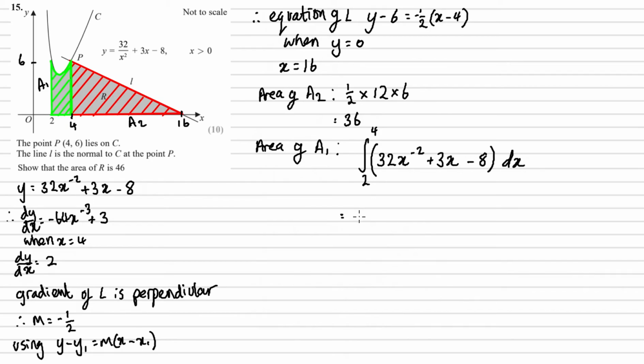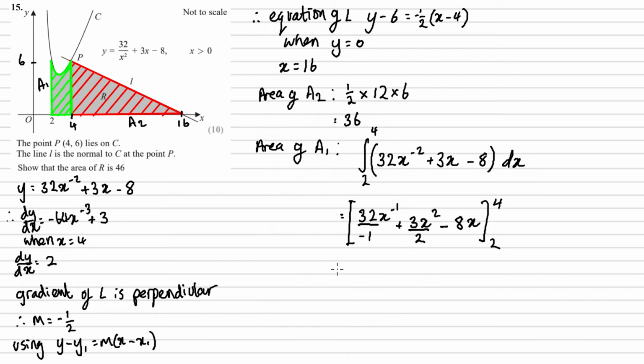So 32x to the power of minus 2, I add 1 to the power, so we get 32x to the power of minus 1, and then divide by minus 1. 3x integrates to 3x squared, and then divide by that power, divide by 2, and minus 8 integrates to minus 8x, between the limits of 4 and 2.